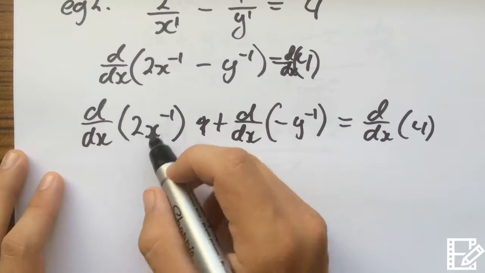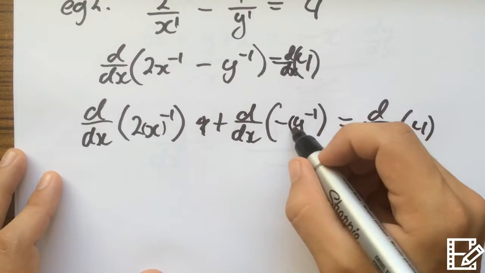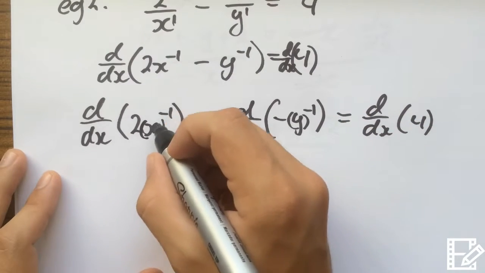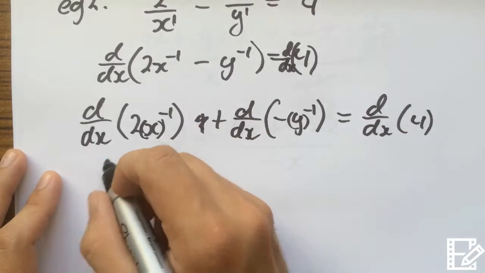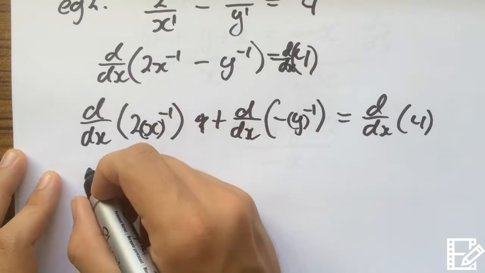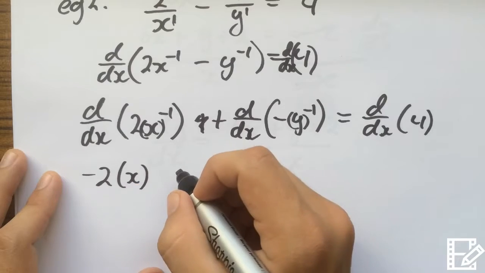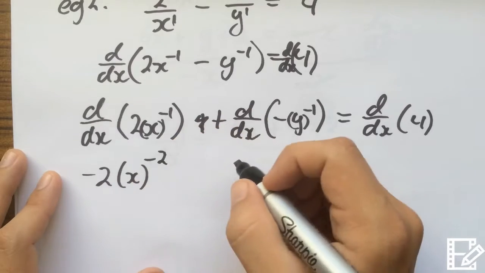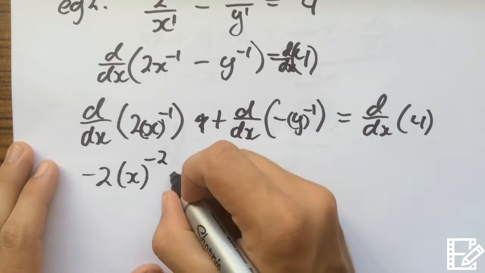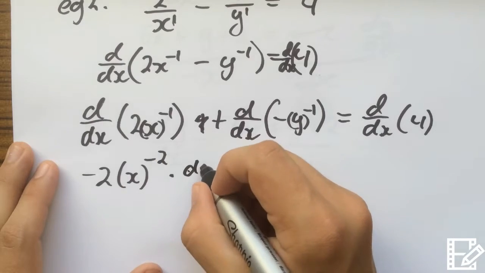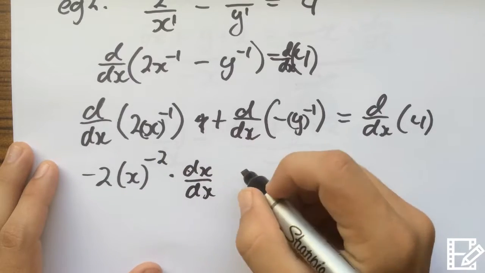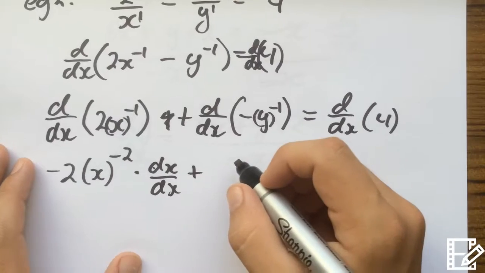Okay, so we use the chain rule, just like before. We put these in brackets if you need to. So the derivative of the outside, bring the negative 1 down, we'll have negative 2x, take 1 off the power, to the power of negative 2, and then multiply by the derivative of the inside. Derivative of x with respect to x is 1, but we still write it.